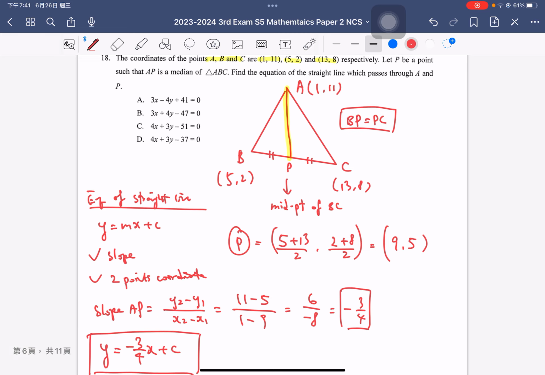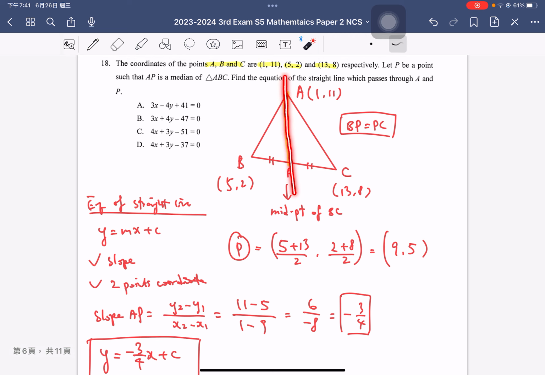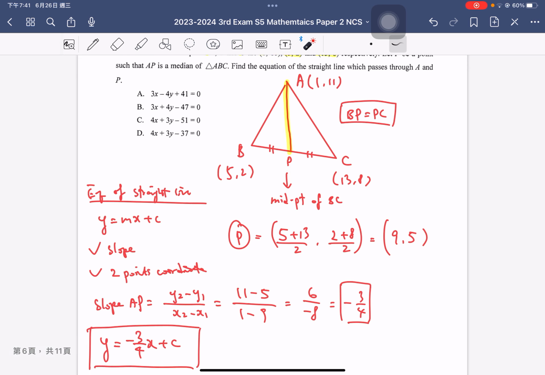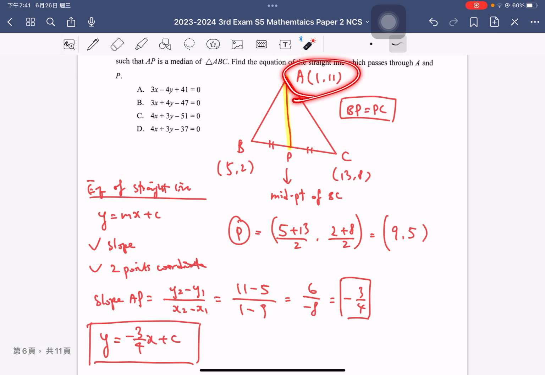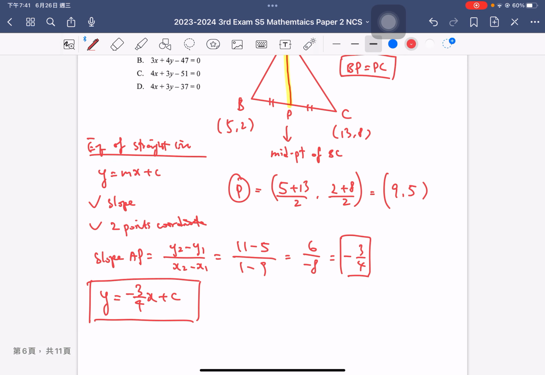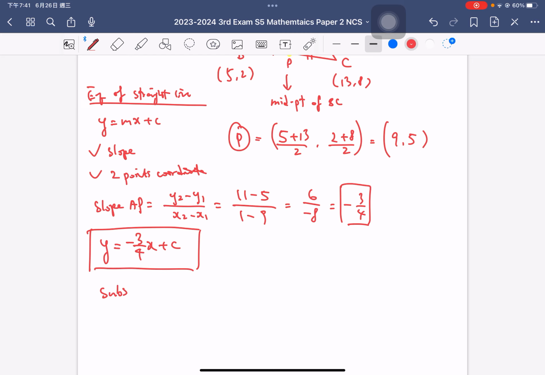And as this straight line AP passes through point A as well, we can substitute this coordinate into the equation here. So now we substitute A (1, 11) into this equation. We replace y by 11 and x by 1.